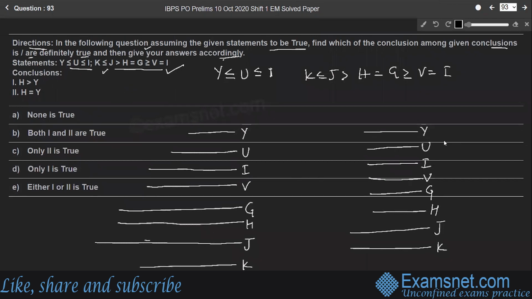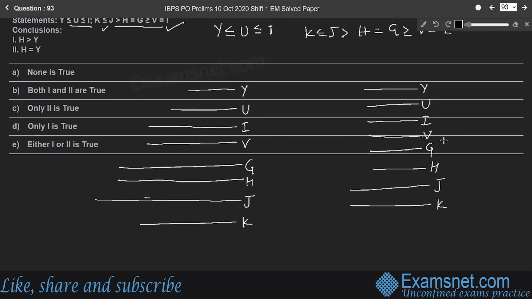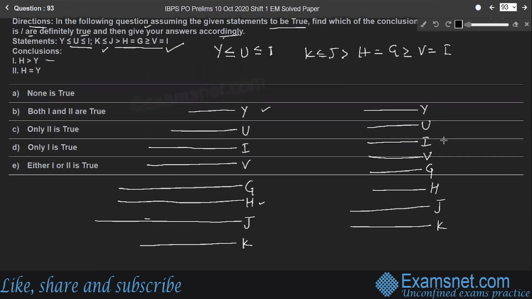Now look at the conclusions. Conclusion 1: h is greater than y. So can we conclude h is greater than y here? Because g is greater than v, or equal to v, in both the cases. In case 1, h is greater than y, whereas in case 2, h is equal to y.